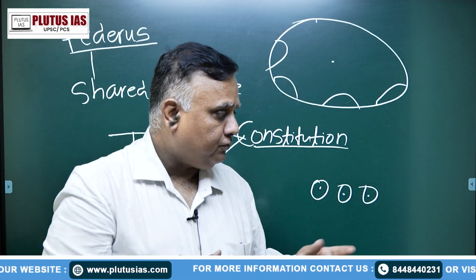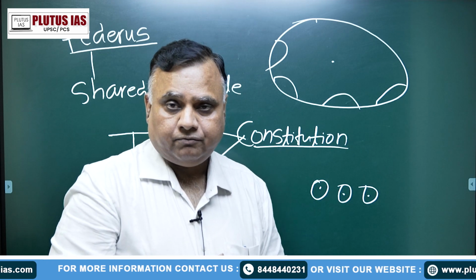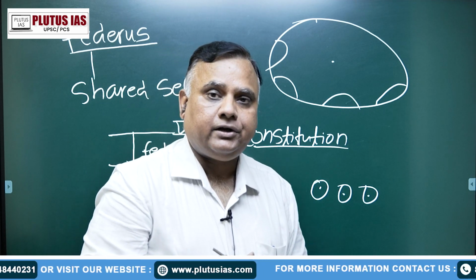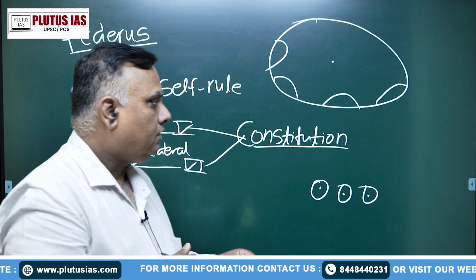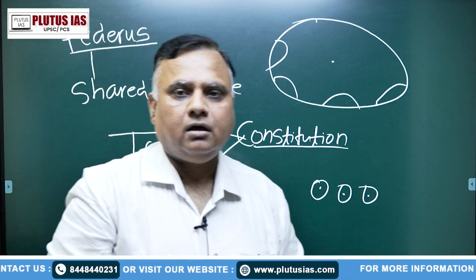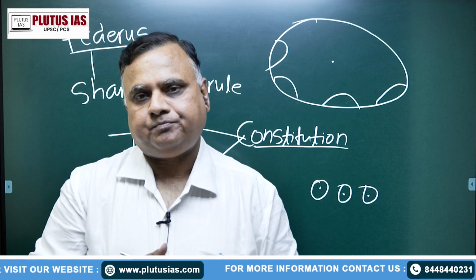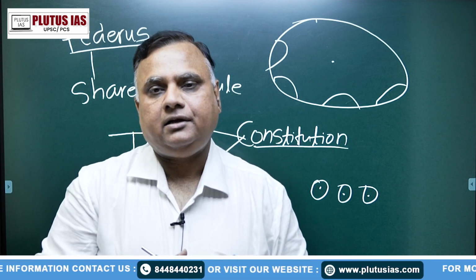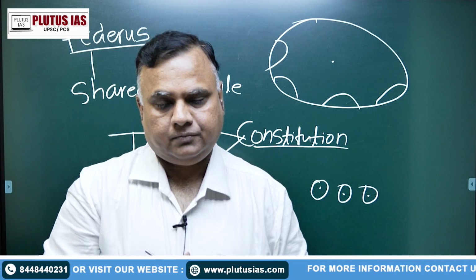As I gave the example of UK, France, Japan, they have unitary polity. So, in federal polity, there are various mechanisms to ensure the rights and interests of the states.